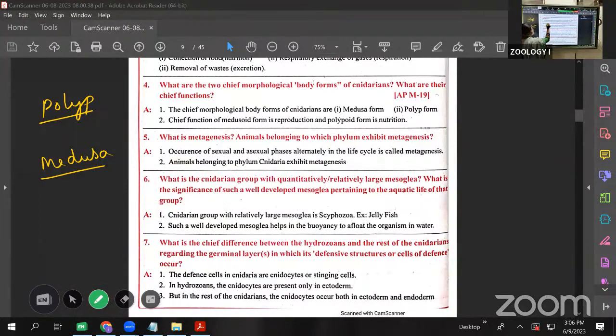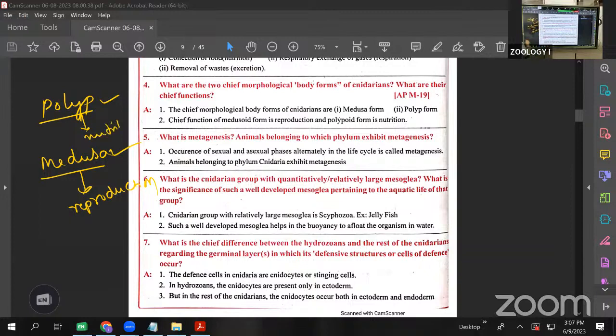The chief function of the medusa is reproduction, and the polypoid form is nutrition. The medusoid form is mainly useful for the reproduction purpose, and the polyp form is useful for the nutrition purpose.